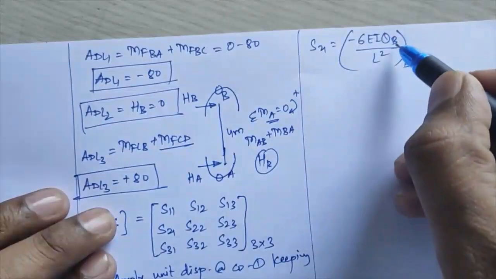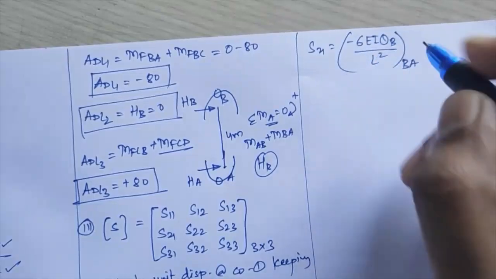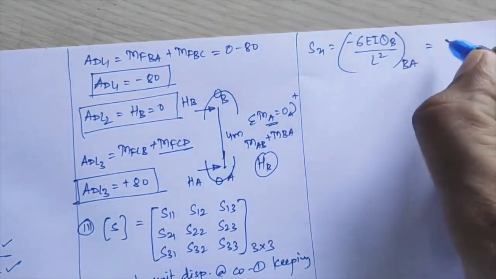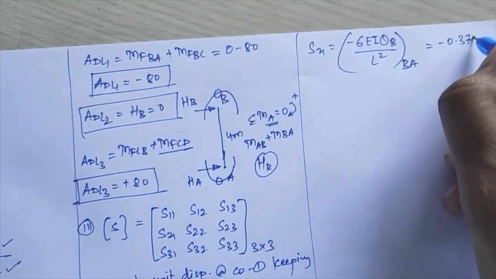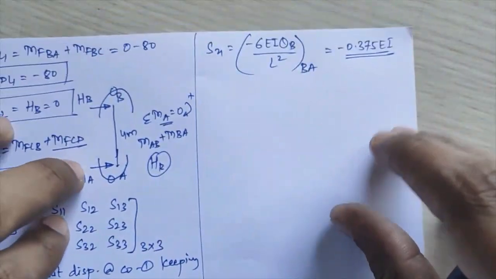If you substitute θB equal to 1 and L equal to 4, minus 6 upon 4 square, this I am getting as minus 0.375 EI over there.